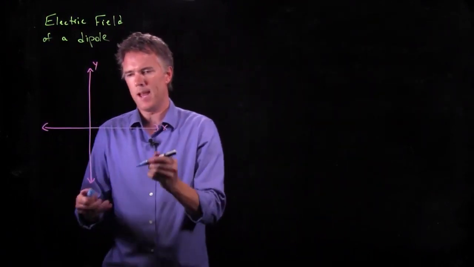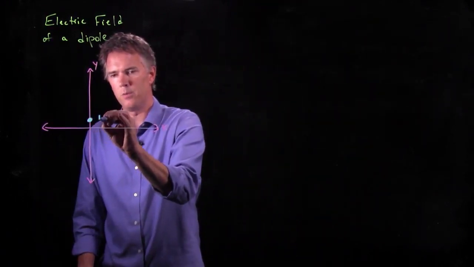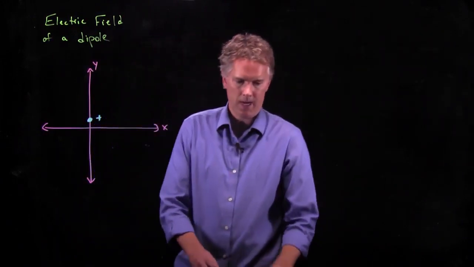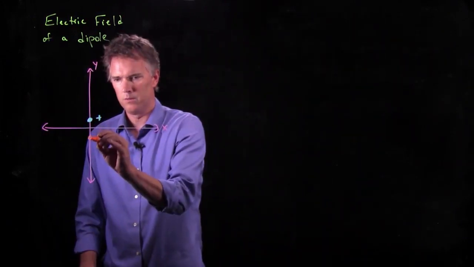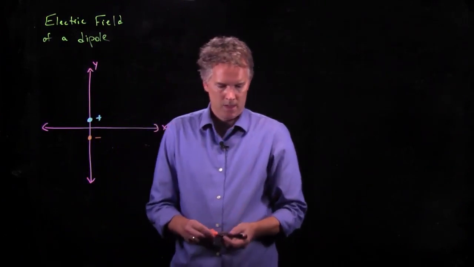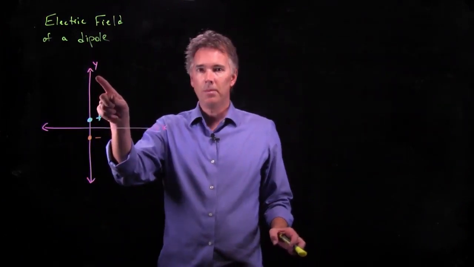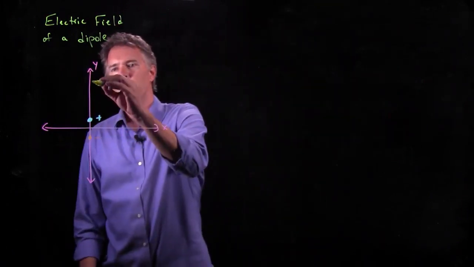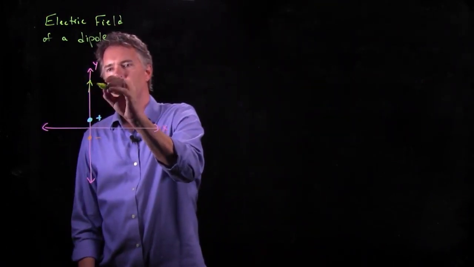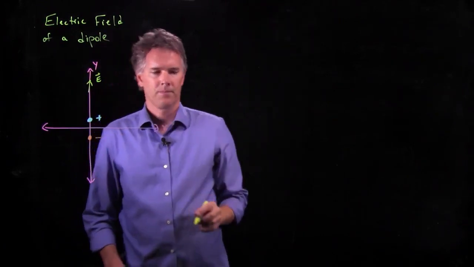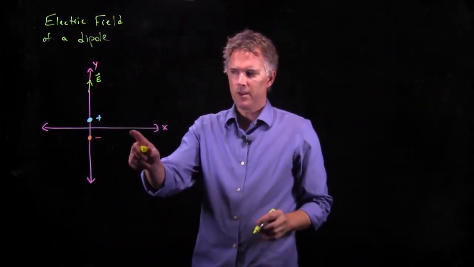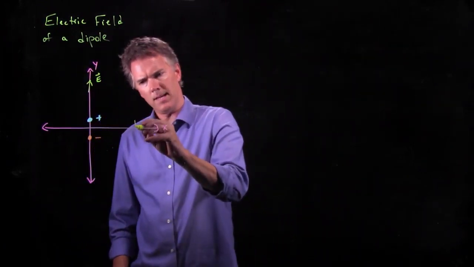And just like before, we had positive charge was blue and negative charge was orange. And what we saw before was the electric field up here was pointing up. The electric field out here was pointing down.